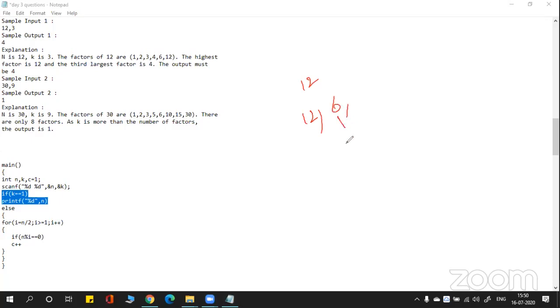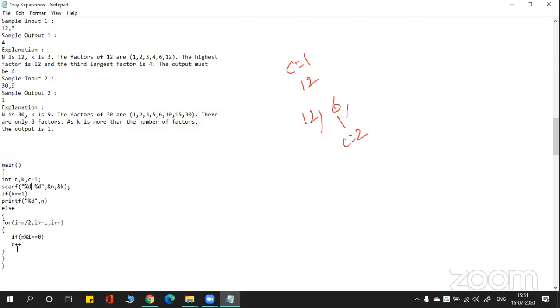So by the time I come here, my c value should become 2. So initially I am taking c is equal to 1, and whenever it is divisible, I make it 2. For that purpose, initially I took c is equal to 1, and then I wrote c++.